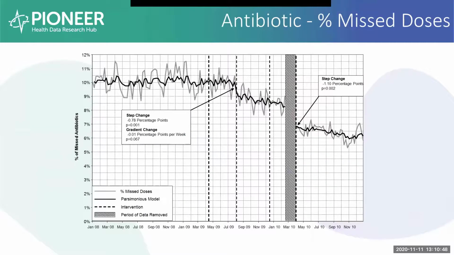And you can see two step changes in this graph. The first one is when we start to present the information back to the organisation, so people start to realise that it's an important thing. But the second big step change is when you actually have these RCAs and you start to really do something about it.